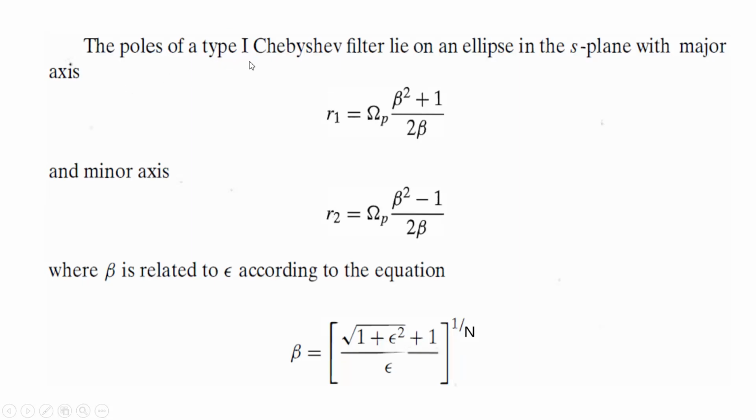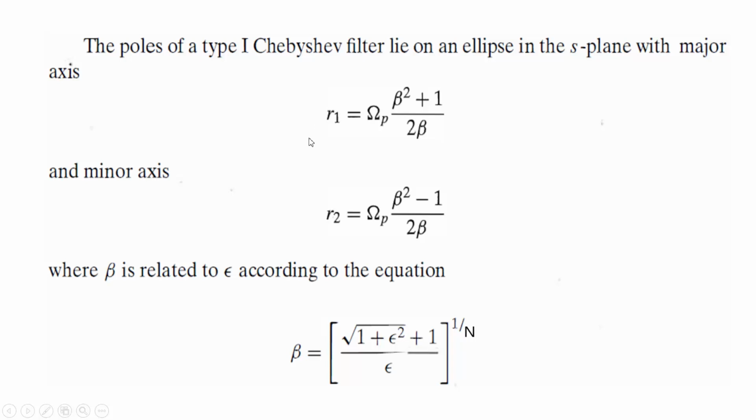The poles of a type 1 Chebyshev filter lie on an ellipse in the S-plane. Actually, we remember that the poles of a Butterworth filter lie on the circle of radius 1 with the center of the circle as the origin of the S-plane. But in the case of Chebyshev type 1 filters, the poles will lie on an ellipse. Now, an ellipse will have a major axis and a minor axis.